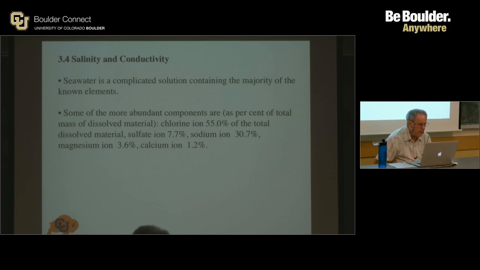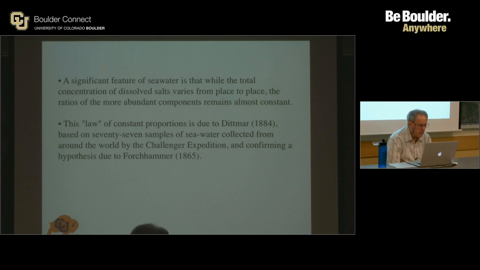Way back when, 1884, there was this guy Dittmer that says he had 77 samples of seawater on the Challenger expedition. And he said, well, he was confirming an earlier hypothesis, and he had a law of constant proportion.